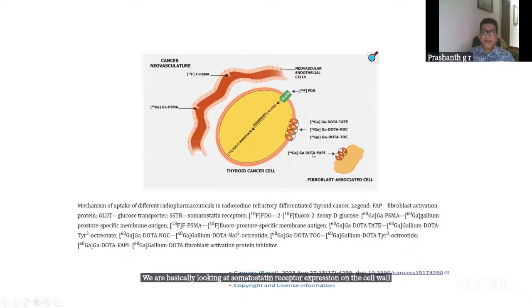When we are talking of gallium-68 FAPI imaging, we are demonstrating tumor-associated fibroblast uptake. And PSMA scans, which are being done in a few centers, demonstrate tumor-associated neovascular uptake. So these are the few foci of uptake which are used to localize dedifferentiated disease.